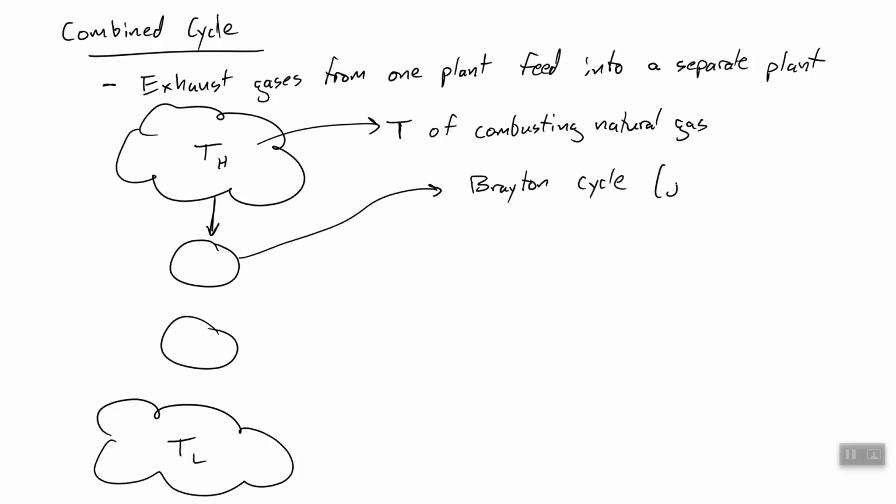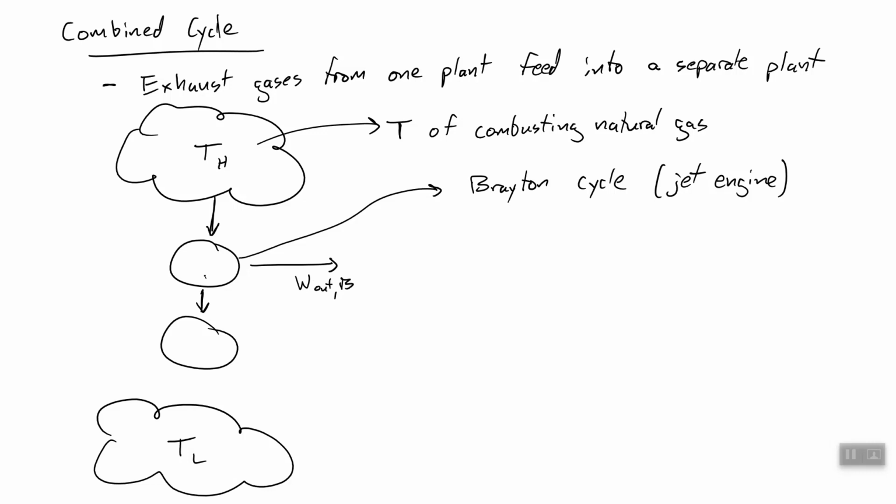You've used the Brayton cycle all the time because any jet engine uses the Brayton cycle. So using air as a working fluid and combusting natural gas, we can get some work out from this Brayton cycle. Imagine a huge jet engine strapped to the floor. They're turning a big shaft and extracting energy. So we get some work out from this Brayton cycle.